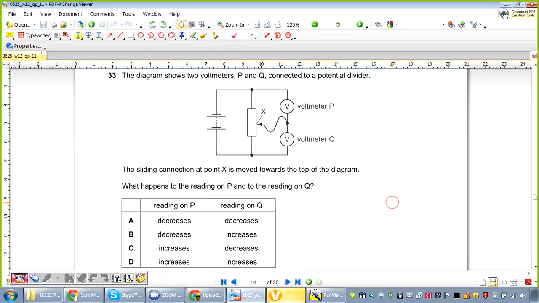The reading on P to the reading on Q. So I don't know this.